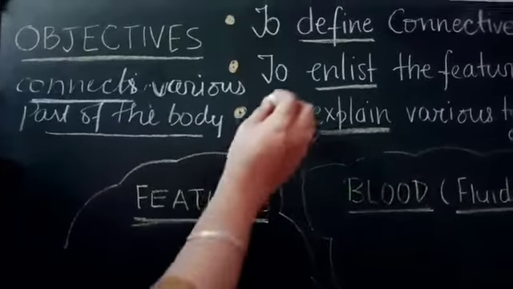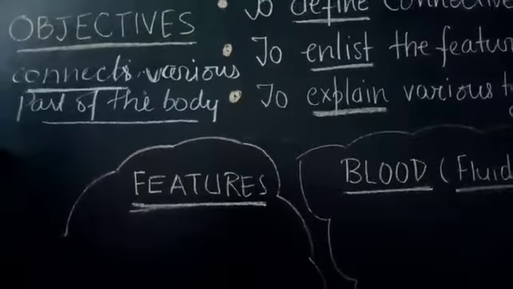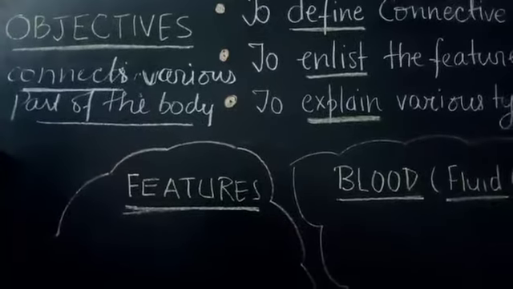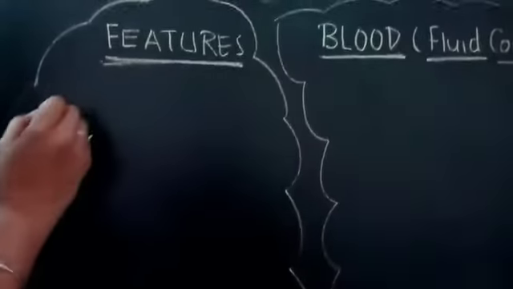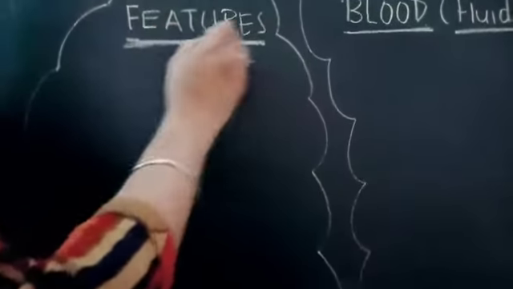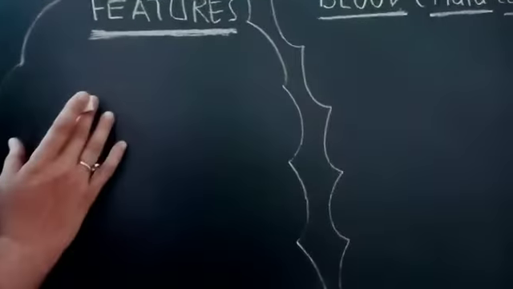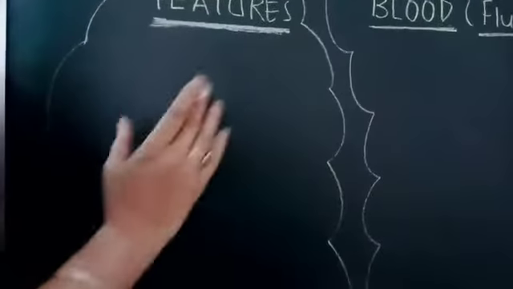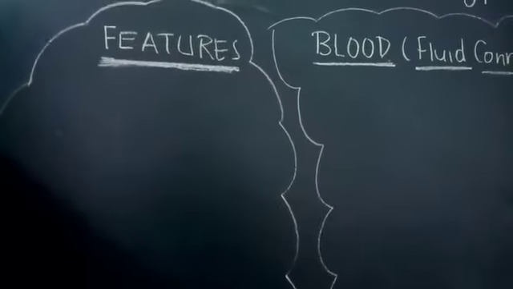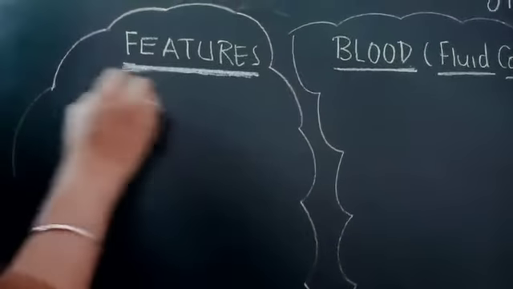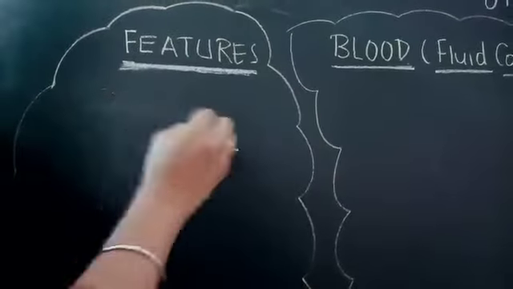Now the second objective is to enlist the features of the connective tissue. As we have done epithelial tissue, similarly connective tissue has particular features which make it distinct from the others. Number one, this connective tissue consists of a ground matrix.